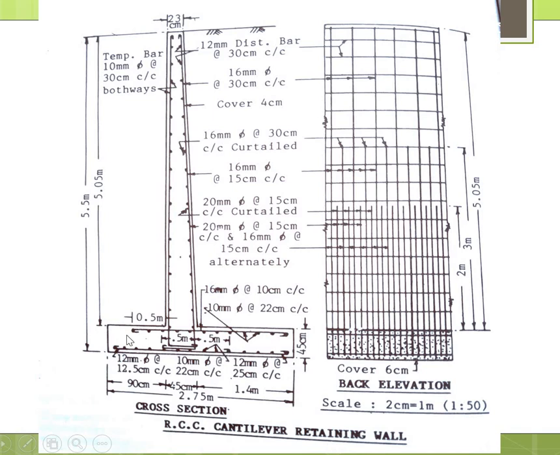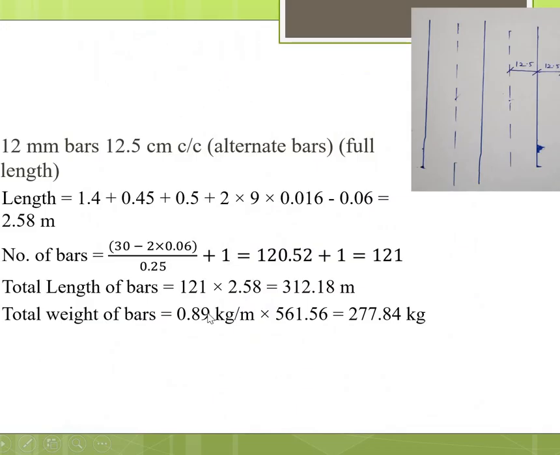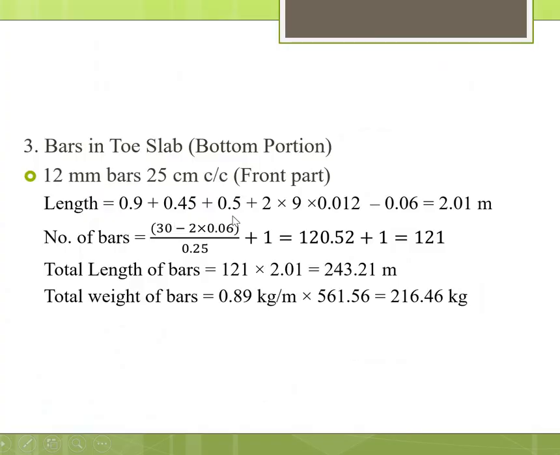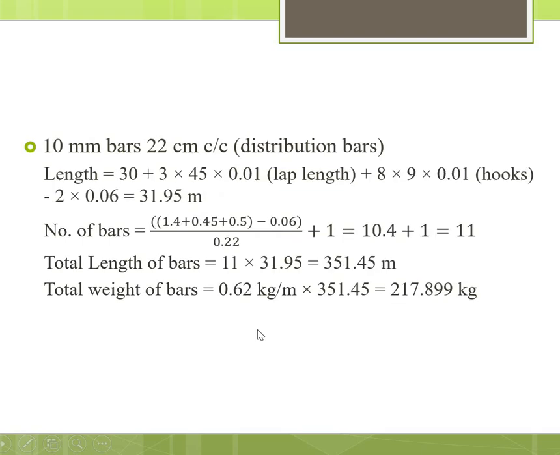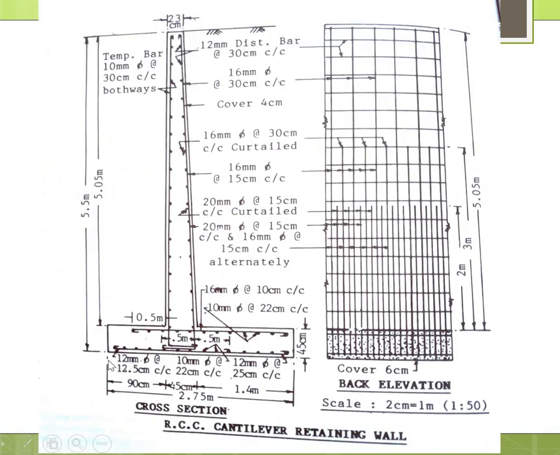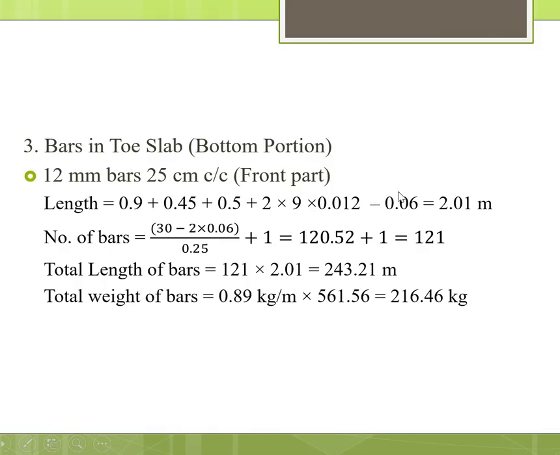You can see a hook here, right? So we are discussing about this bar now. 0.9 plus 0.45 plus 0.5 plus 2 times the hook length, minus the cover on one side, because cover is present only in this length. We need to reduce the cover only at this side, so minus the cover.